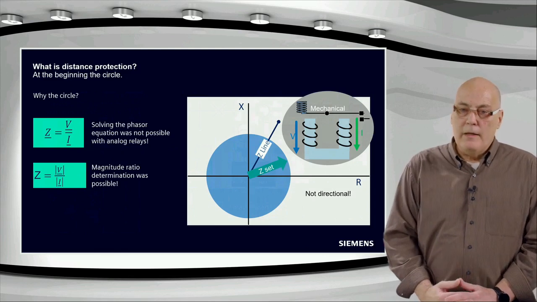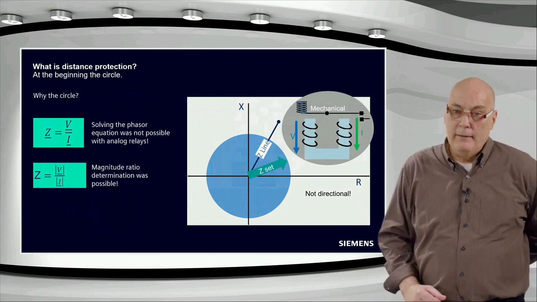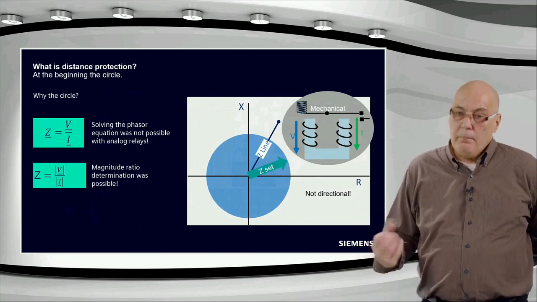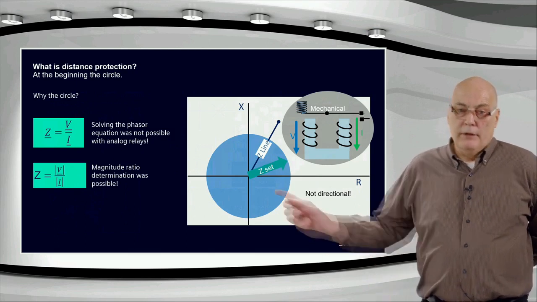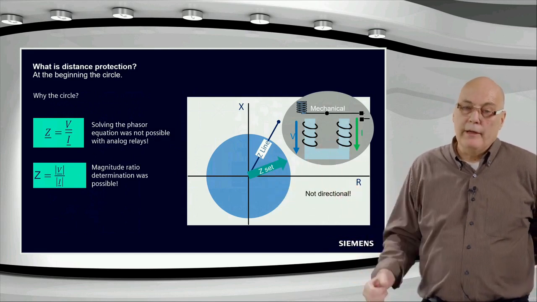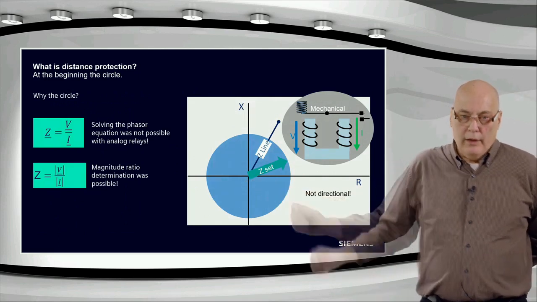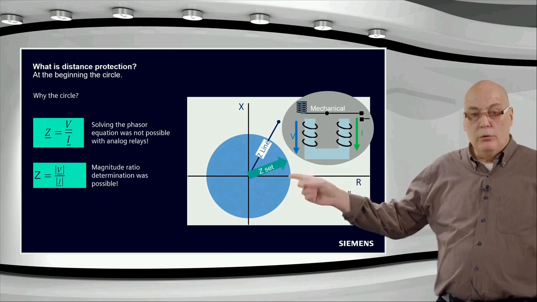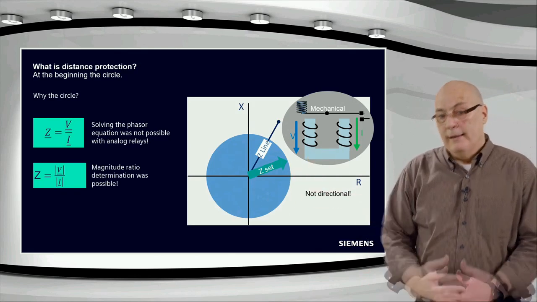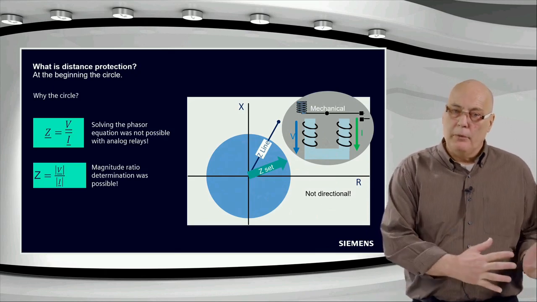Why is it such a simple characteristic? Because obviously, if we're going to apply this method here, it is a simple magnitude comparison, because basically going through the iron here, you're going to get an average response, and that is going to then rectify it, and you will not have any phase information. You see the two equations on the left-hand side. The top is the Z, the complex impedance, as we'll see later on in numerical relays.